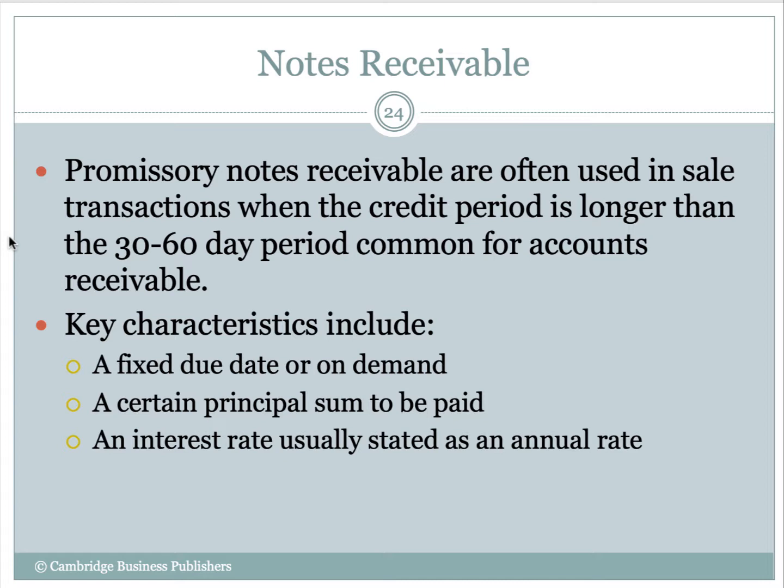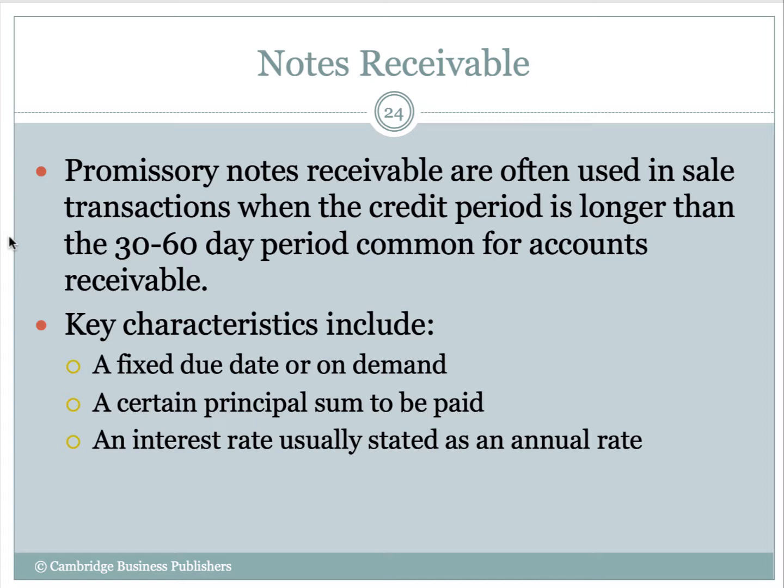So what are the key characteristics of these promissory notes? Well, number one, they're going to include some interest. An interest rate is going to be stated, and that interest rate is always going to be stated on an annual basis.